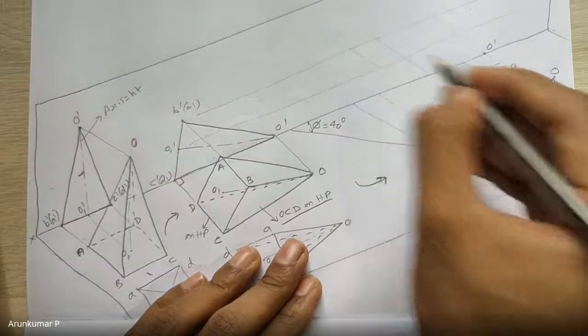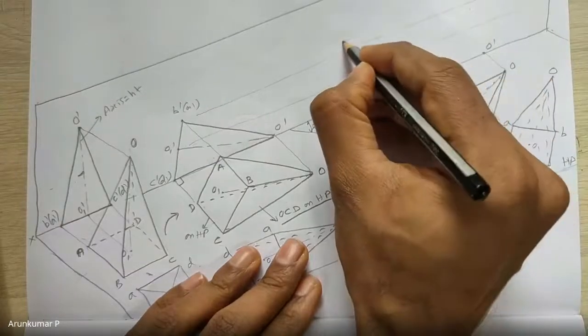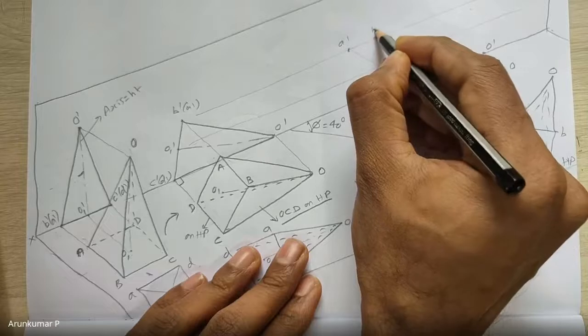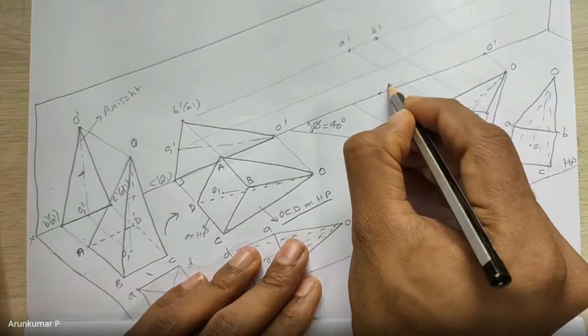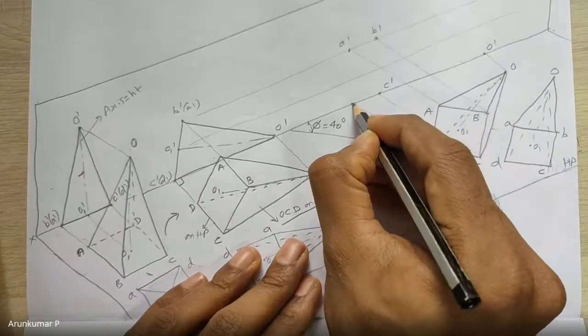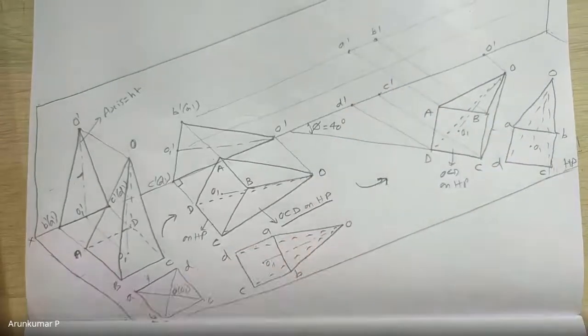So this would be A dash, this would be B dash, this is C dash, and this is D dash.